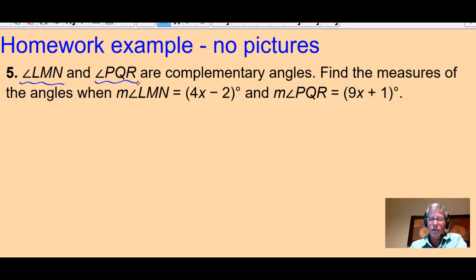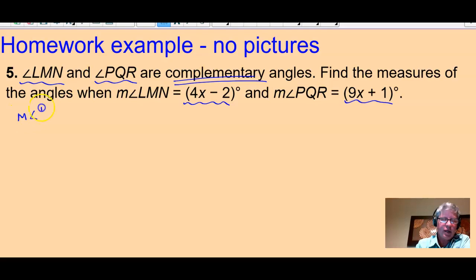They're just two angles, but we do know that they're complementary. That doesn't mean, hey, you look good, so do you. They're not that kind of complimentary. That's with an I. This is with an E. That means they add up to 90 degrees. So find the measure of the angles. They give you these algebraic expressions for each, but just trust the math and it'll all flush out. So let's do this.